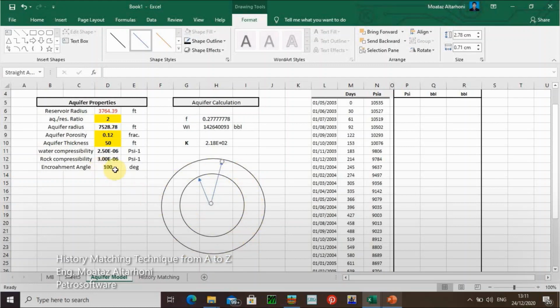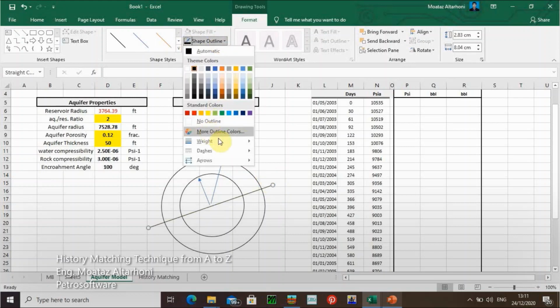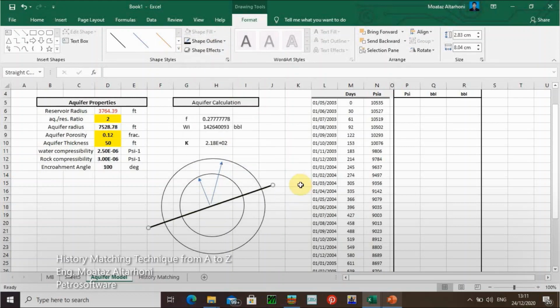So when I assume an encroachment angle of 100, sorry, 100 degrees, that means I have a fault here, and that depends on the geological information. If I assume we have one fault like this for our reservoir, I can predict the water comes from this side, so the degree will be 180 degrees, because this is a straight line, so this is the angle.